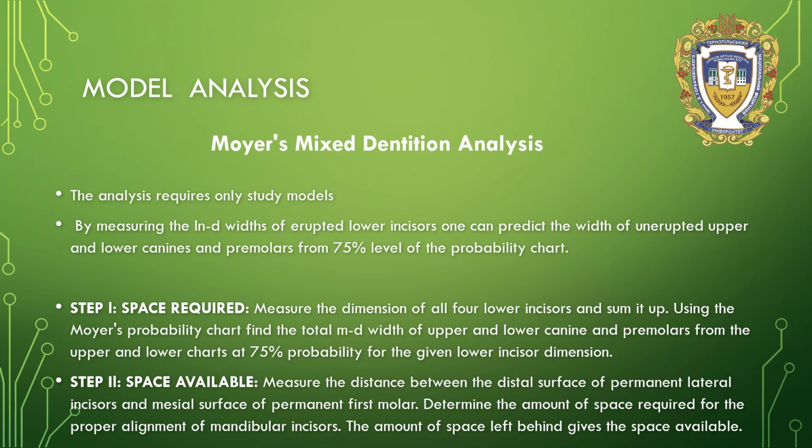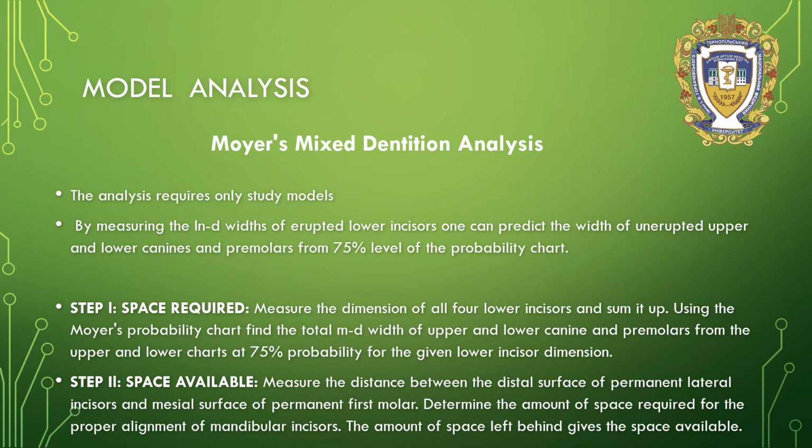First step of this analysis, space required. Measure the dimension of all 4 lower incisors and sum it up. Using the Moyer's probability chart, find the total mesiodistal width of upper and lower canine and premolars from the upper and lower charts at 75% probability for the given lower incisor dimension.